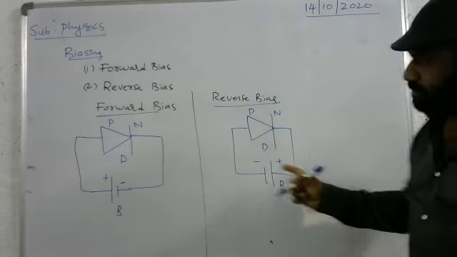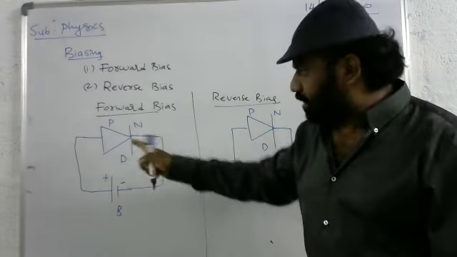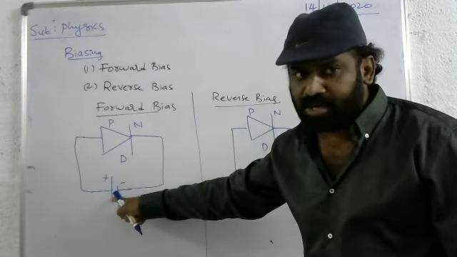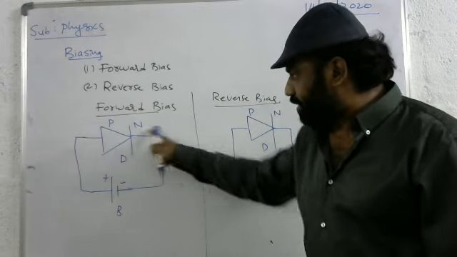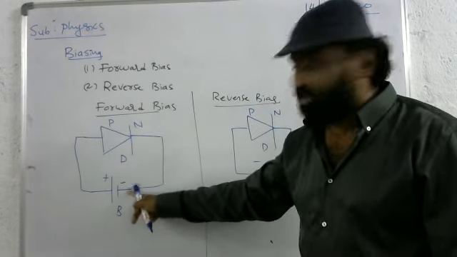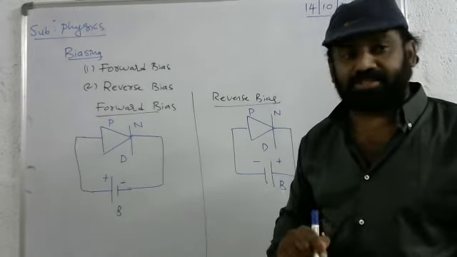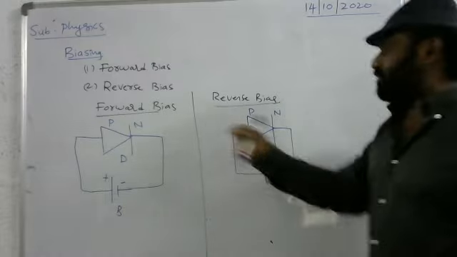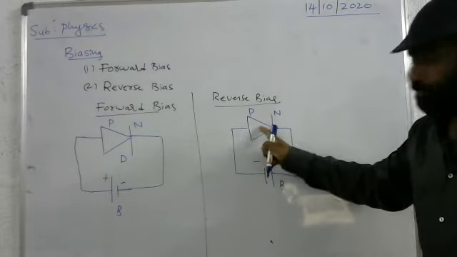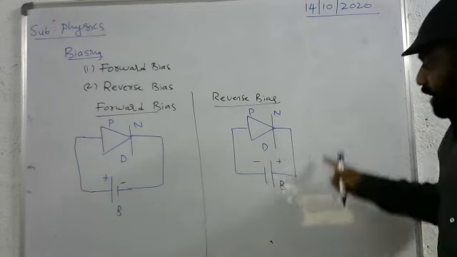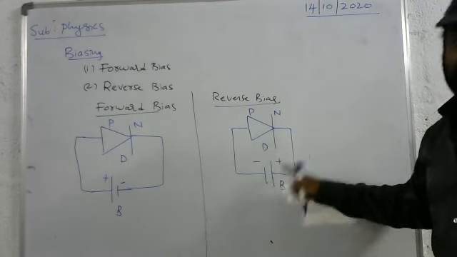Let us see. In forward bias, the diode P-type is connected to the positive terminal of a battery and N-type is connected to the negative terminal of a battery. Then the diode is said to be forward bias. In reverse bias, the diode P-type is connected to the negative terminal of a battery and the N-type is connected to the positive terminal of a battery.